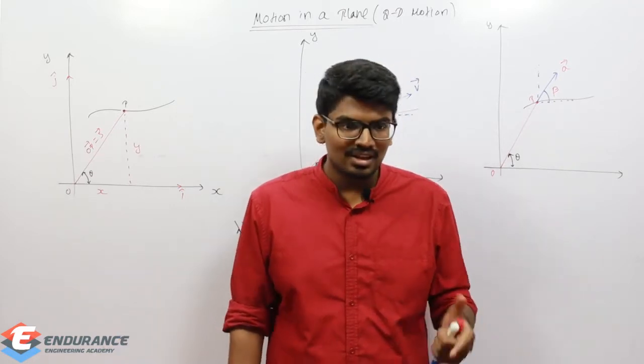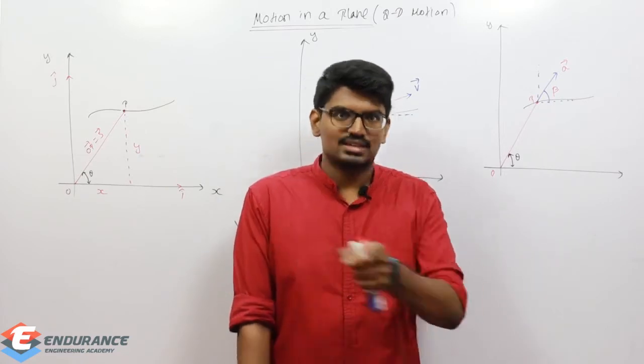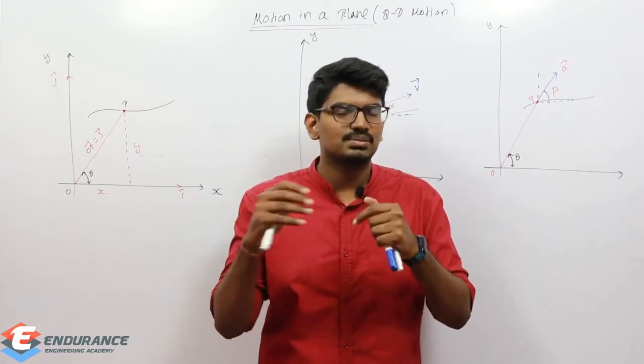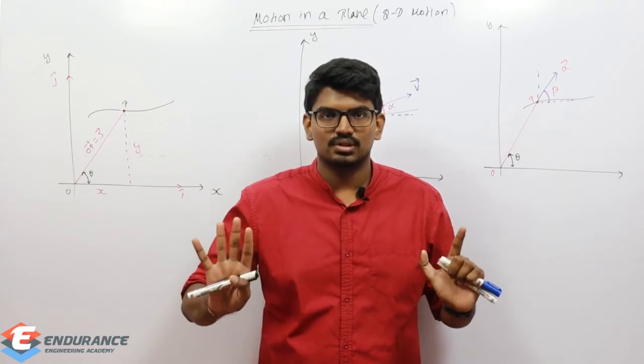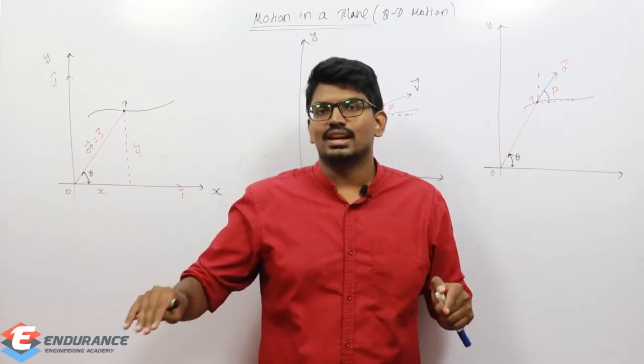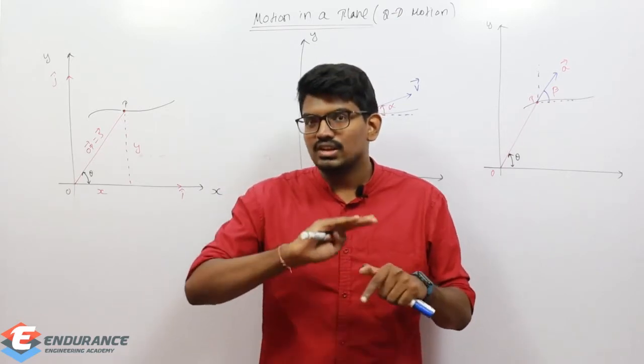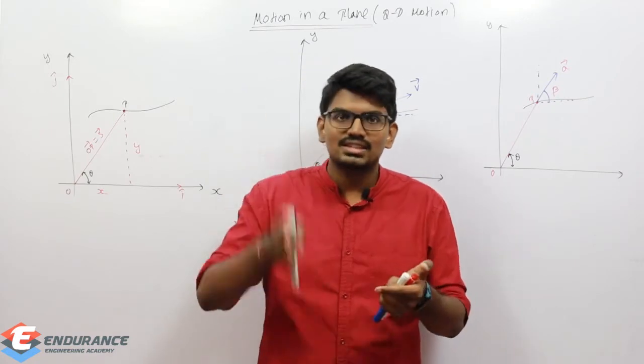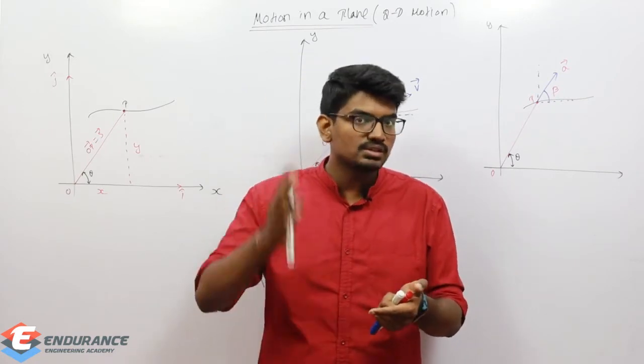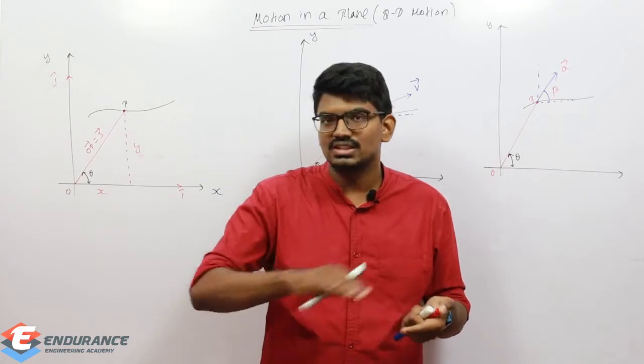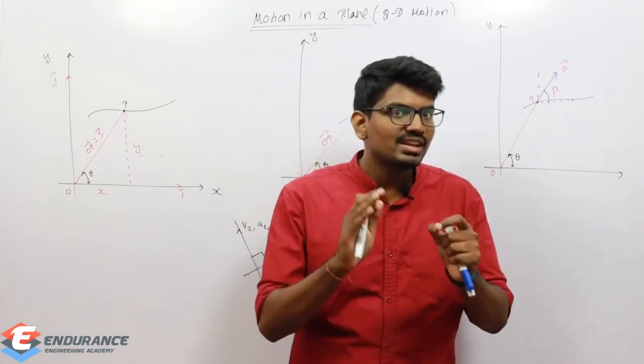What does it mean? I'm giving you the x and y axes, but in general it is two perpendicular directions. Components in the x direction will not get affected by any change in components in y, and components in y will not get affected by any change in x. Very straightforward.